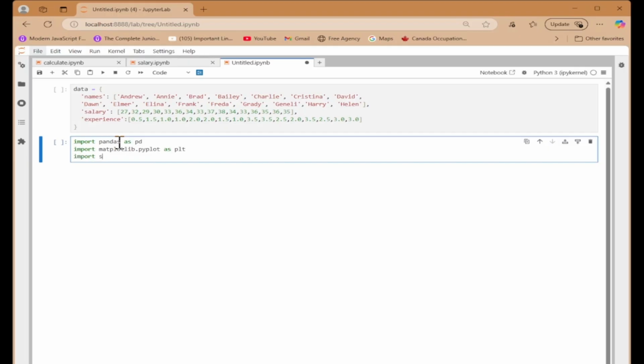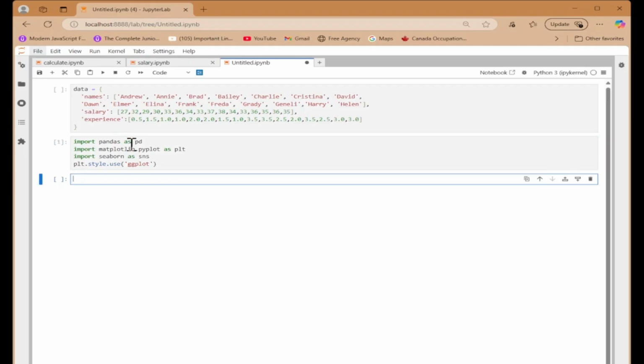Import seaborn as sns. And plt.style, just to show a nice background: plt.style.use ggplot. Okay, that will all be importation, nothing else.